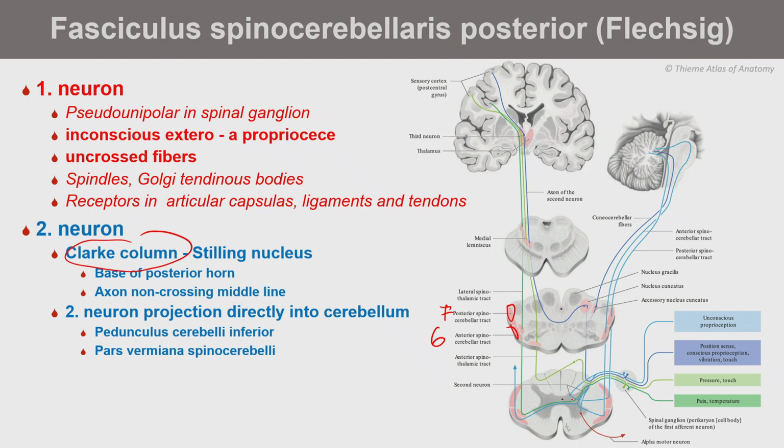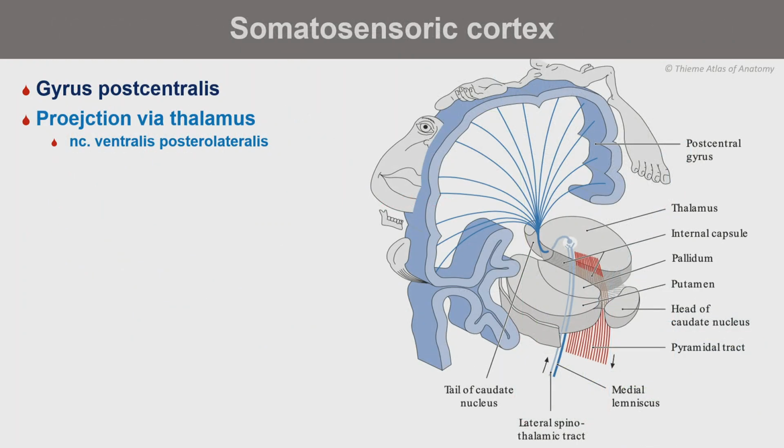They have uncrossed fibers, and then it is going to the cerebellum with the fibers which are uncrossing, and they are going, about the position sense, to the spinocerebellar part, so the paleocerebellar part. So then the conscious information is going into the cortex.